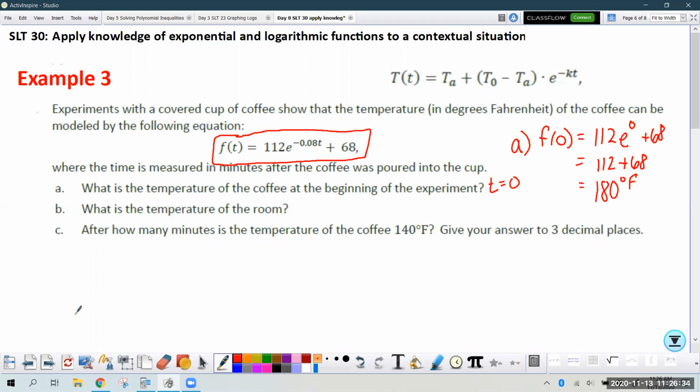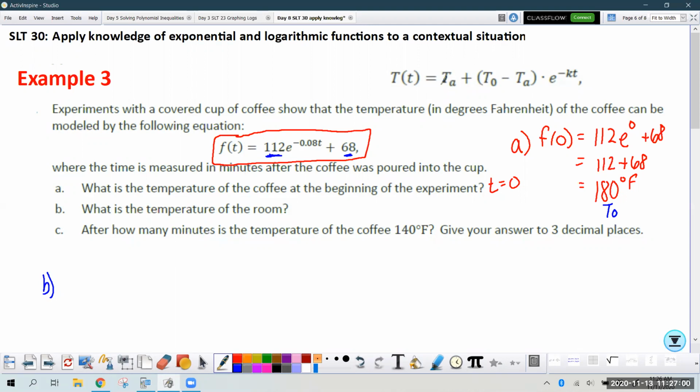All right, part B, what is the room temperature? So now that I know my initial value, T sub 0 is 180, and we have this coefficient of 112, or this 68, we have two ways to figure out B. So here's the first easiest way.